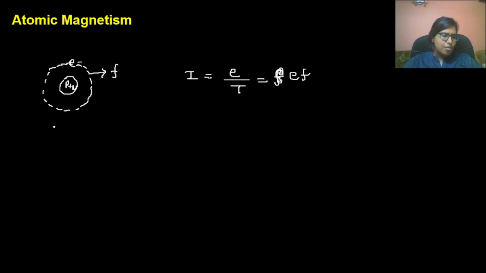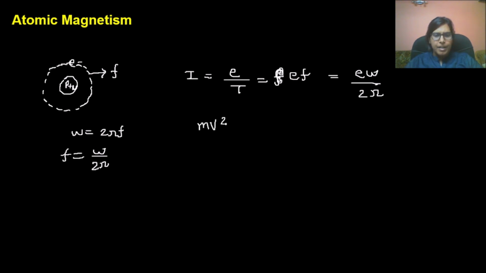And we know omega equals to 2 pi f. So f will be omega upon 2 pi. So this becomes e into omega upon 2 pi, right? And one equation we can write for centripetal force: m v square upon r equals to k into number of protons.